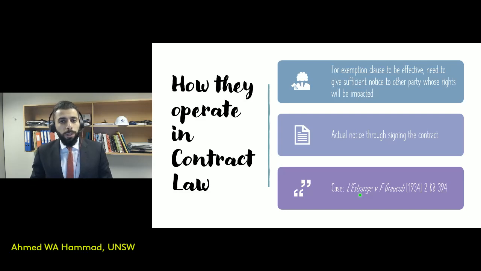Even if you say or claim that you haven't read it, you would still have to abide by that exclusion clause. So you can't use the excuse that you didn't see the term or it was in fine print. If it was in the contract and you signed it, then you have to stick to that exemption clause.